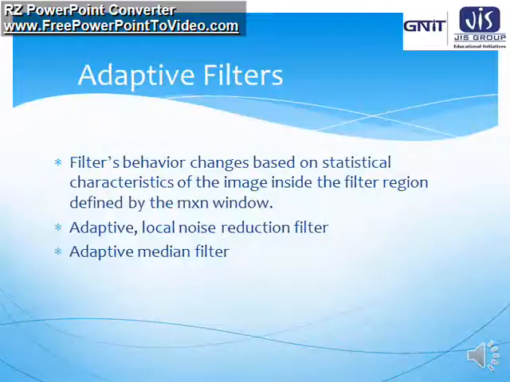That means the behavior of the filter will automatically change according to the situation. The next point is the adaptive local noise reduction filter, and the last point is the adaptive median filter. All these are very important in the case of adaptive filters.